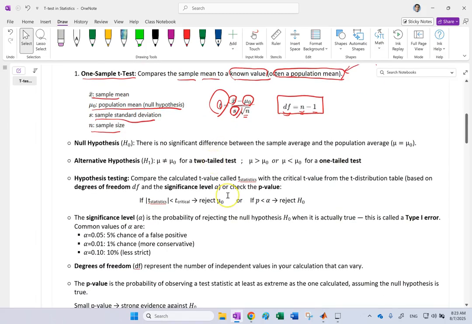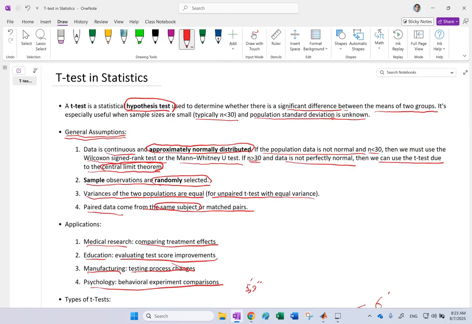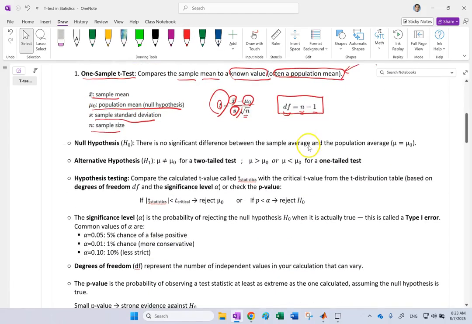So you might say, what is the null hypothesis? What is the other hypothesis? So here, let's talk a little bit about this hypothesis testing. So here, you come up with a hypothesis. For instance, your null hypothesis in a t-test, which we call H0, is that there is no significant difference between the average of the sample and the population, or group 1 and group 2.